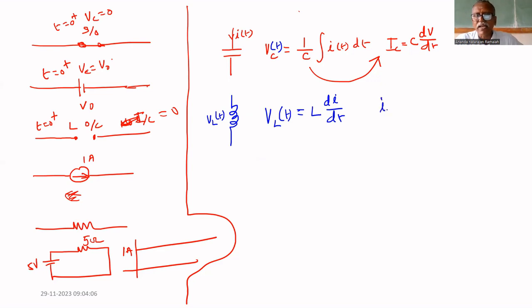What is the current through it? iL of t, we have to put small letters because transient varies with respect to time. iL of t equal to 1 by L integral of vL of t dt, the voltage across the inductor.